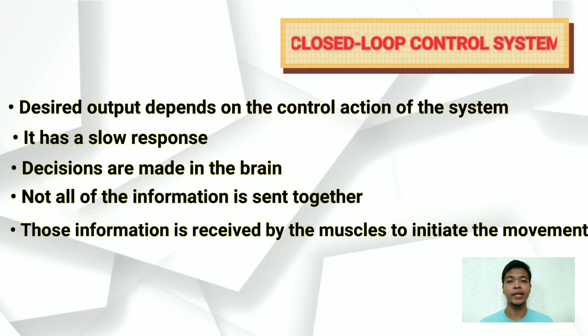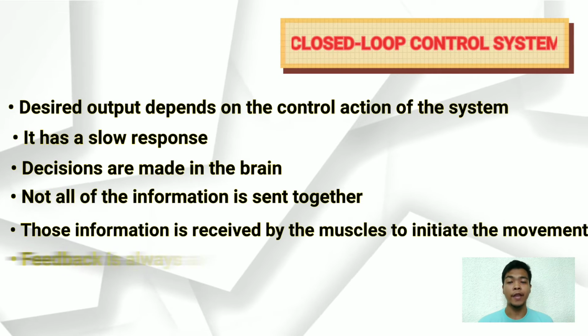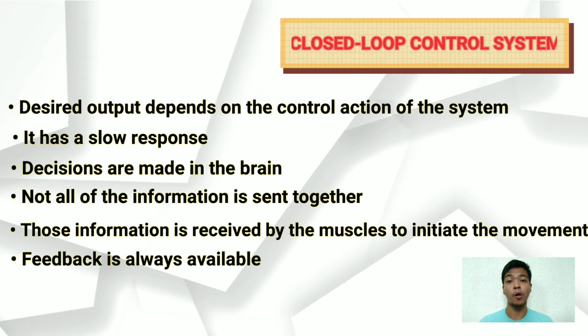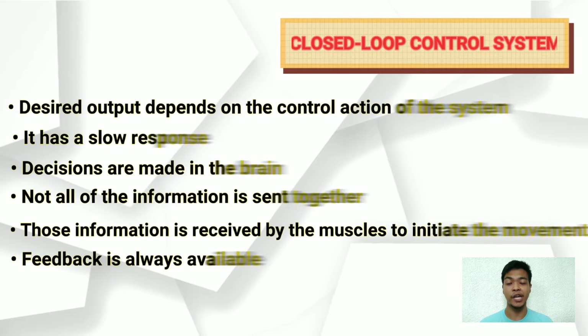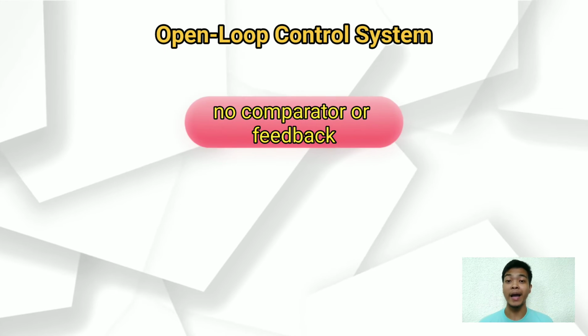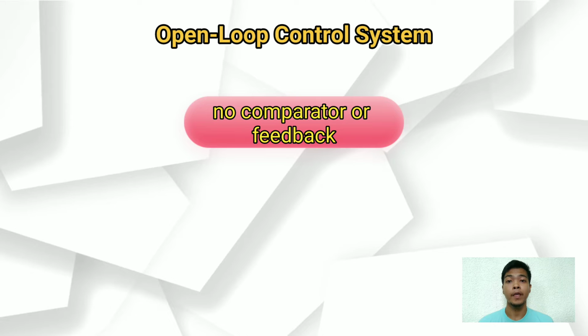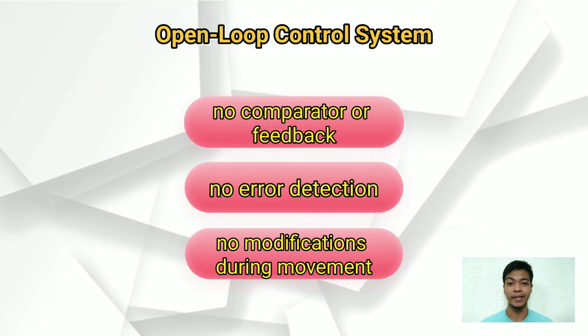Those information is received by the muscles to initiate the movement, and feedback is always available and is vital to correct movement patterns and adjust to changing needs. Now, in other words, open-loop control system has no comparator or feedback, no error detection, and no modifications during movement.